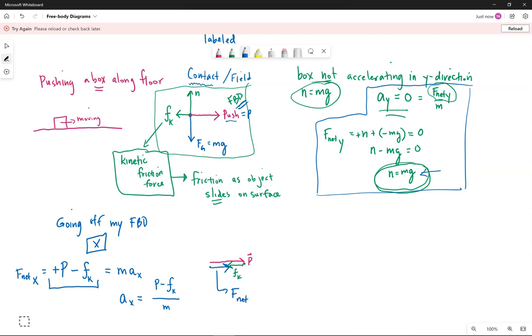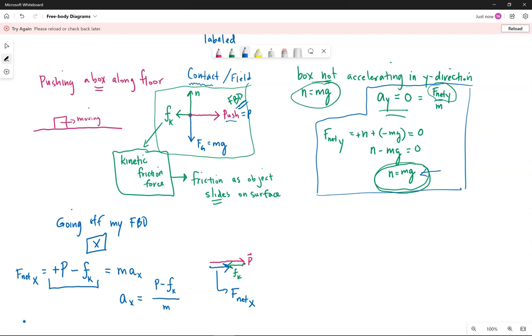I'm doing specifically the x direction, so I can just put my subscript of x. The difference between those vectors represents that net force in the x direction, which in turn determines how much acceleration there is when we divide by mass.